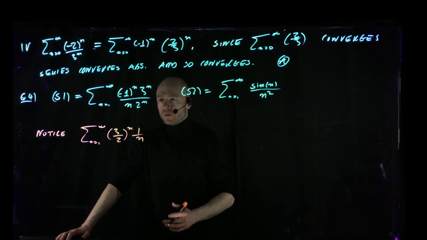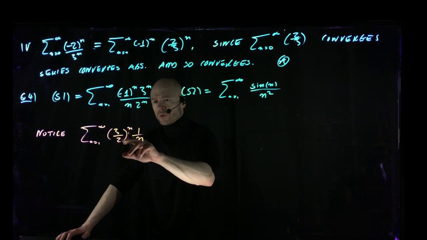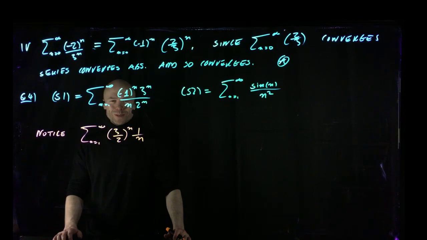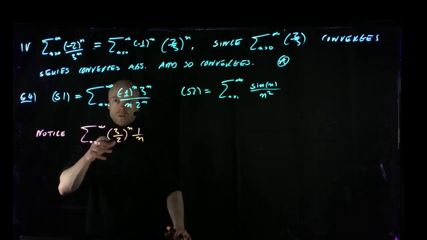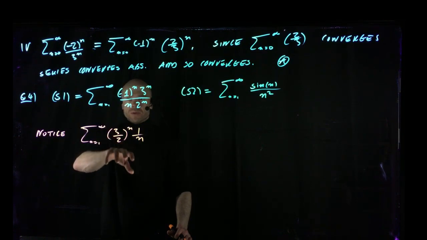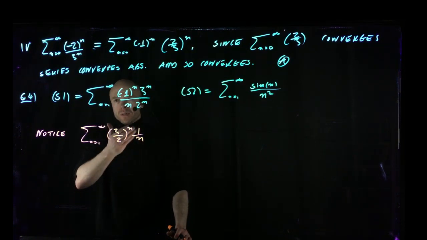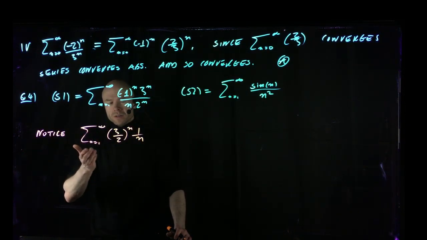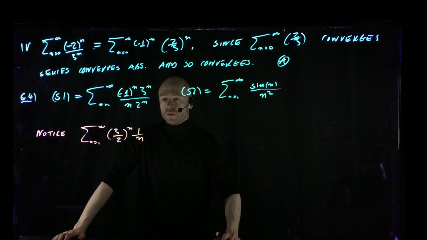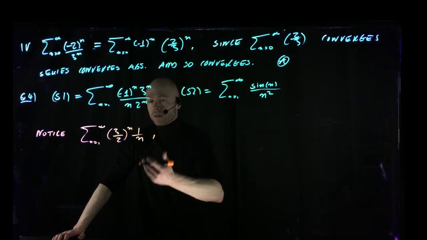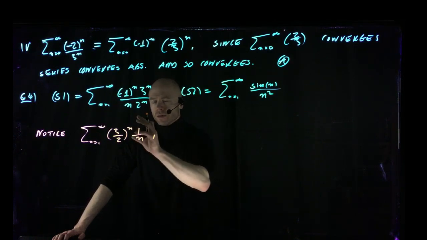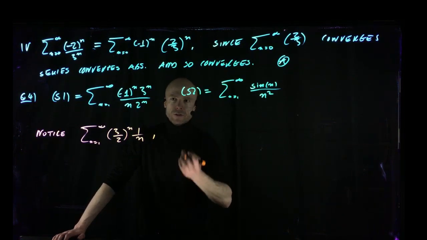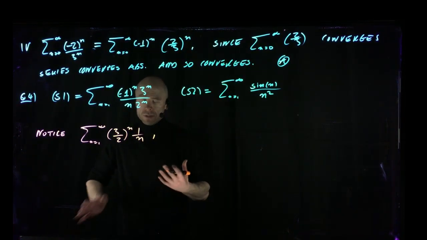Well, it looks somewhat like a geometric series with 3 over 2, but we have this 1 over n, and you might think, okay, maybe it's still going to converge, but hopefully you know by now that when we have something geometric fighting against something polynomial, in this case just linear, just n, then the geometric thing will definitely win. But if we're in any doubt, it looks a bit like a geometric series, so we're going to use the ratio test, which is exactly a tool to detect if a series in its bones is a geometric series.